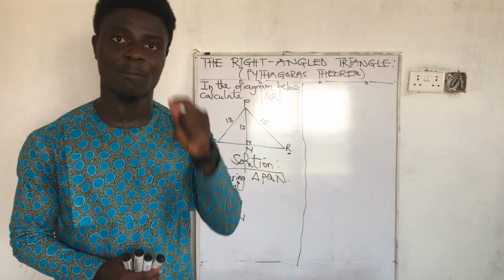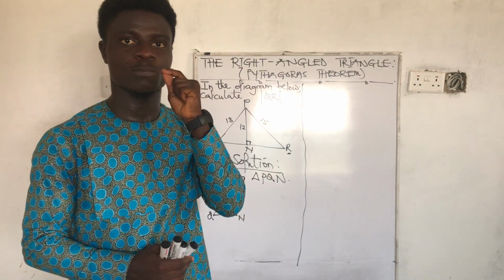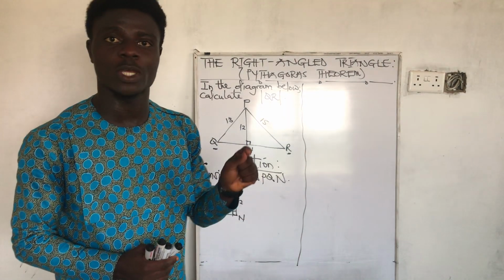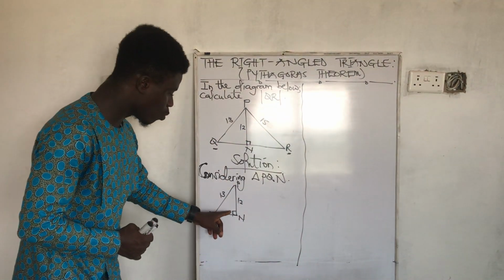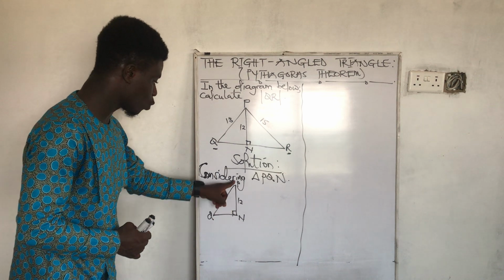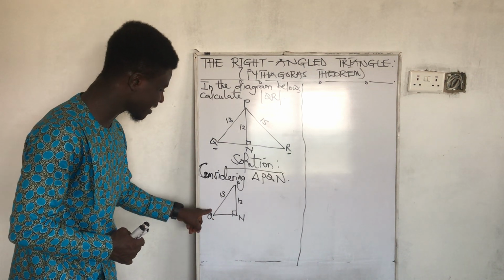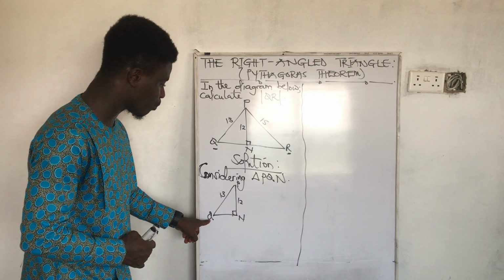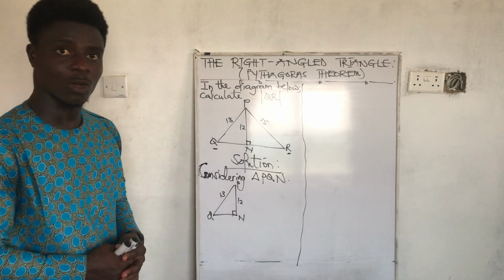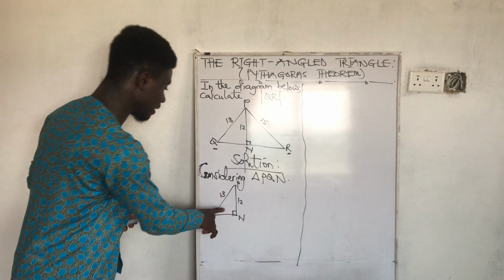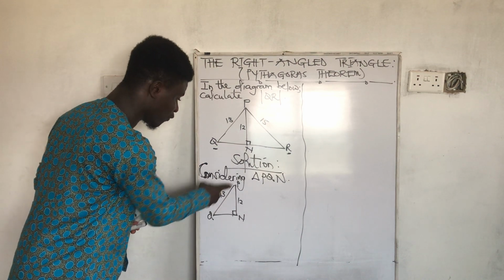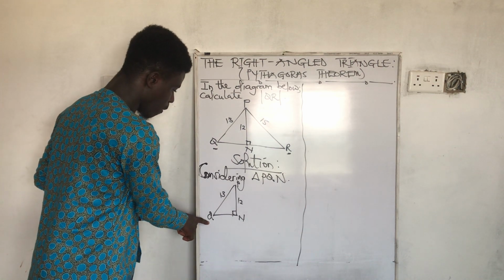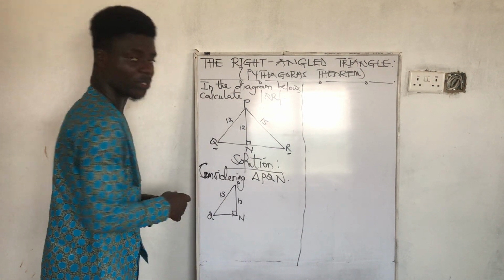I told you that the hypotenuse is the longest side, or the side opposite the angle 90. So this angle 90 is opposite to this side. It means the distance from point Q to point P is the hypotenuse, because this 90 degrees is facing this side.